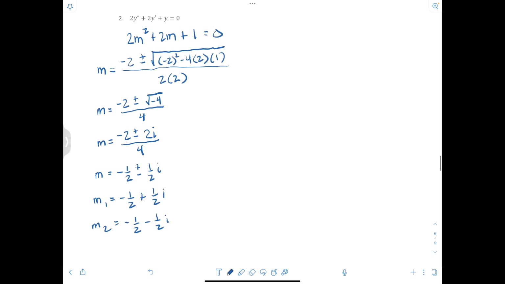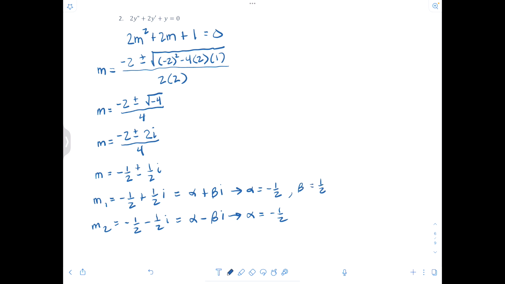So if you match it up, therefore, alpha must be, beautiful, negative 1/2, right? And then beta is positive 1/2. Cool?